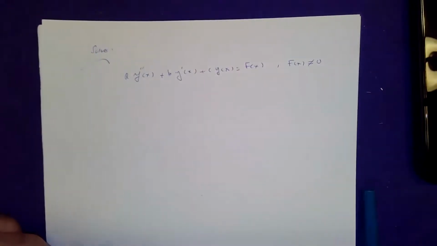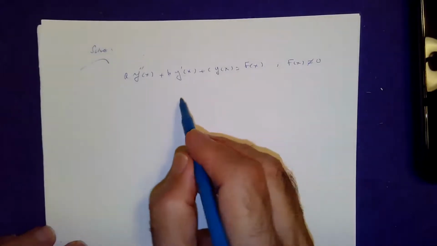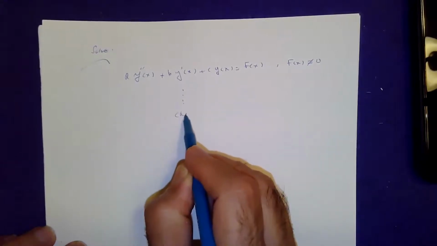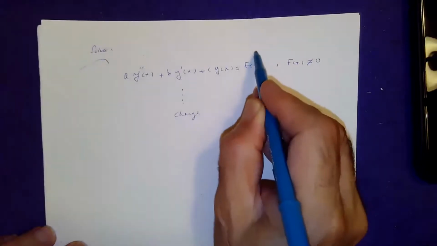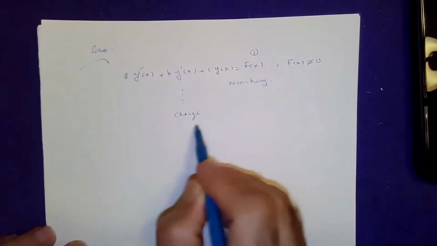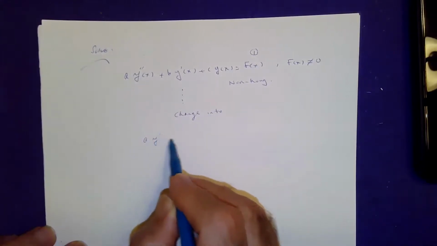Okay, so the idea is, wouldn't it be nice if somehow I could change equation number 1, which is non-homogeneous, into homogeneous kind?